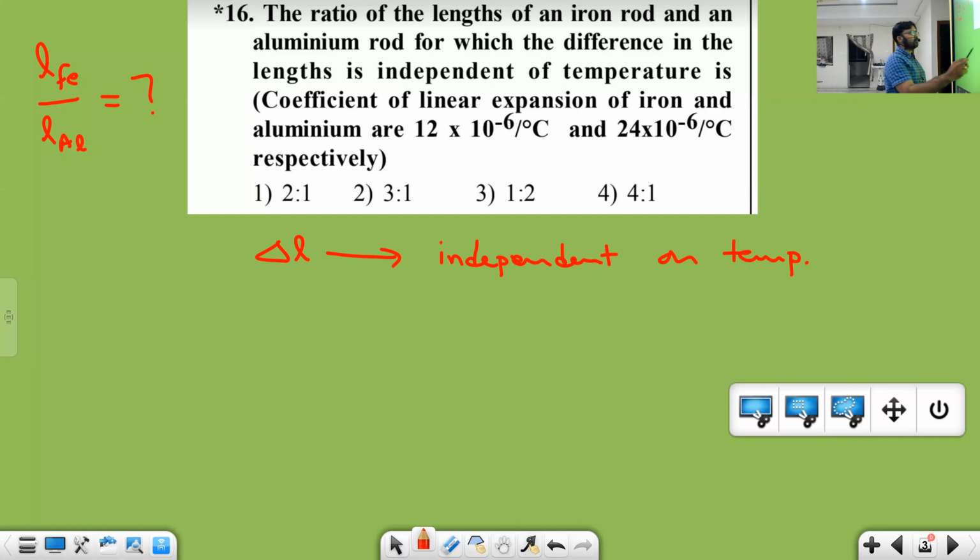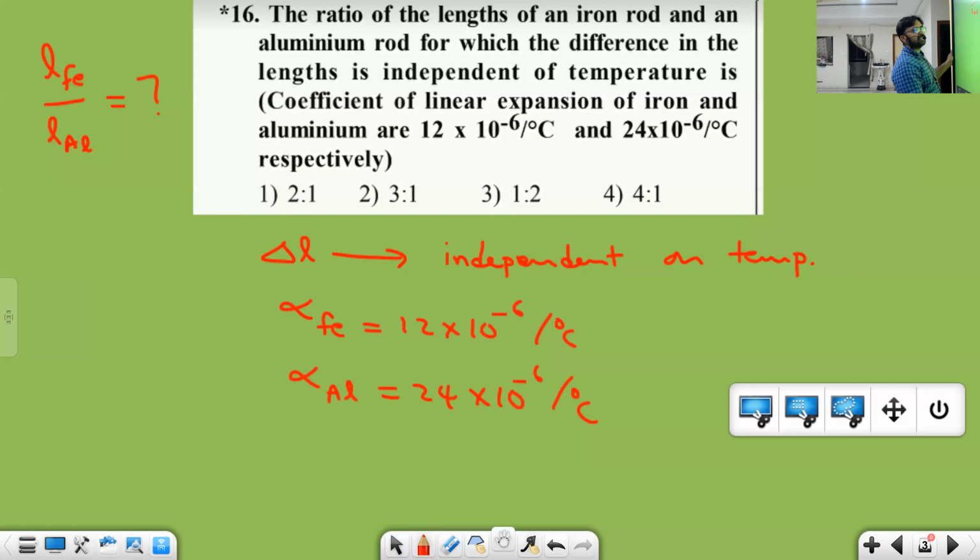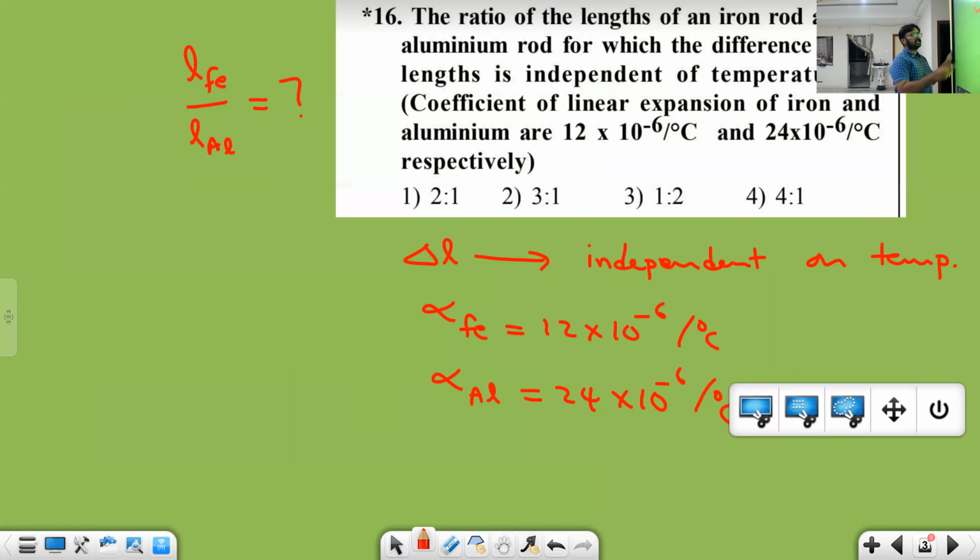They gave the coefficients of linear expansion of iron and aluminum. Alpha of iron is 12 into 10 power minus 6 per degree C. Next, 24 into 10 power minus 6 is the alpha value of aluminum. This is the information provided in question number 16. Delta L is equal to L alpha delta theta.